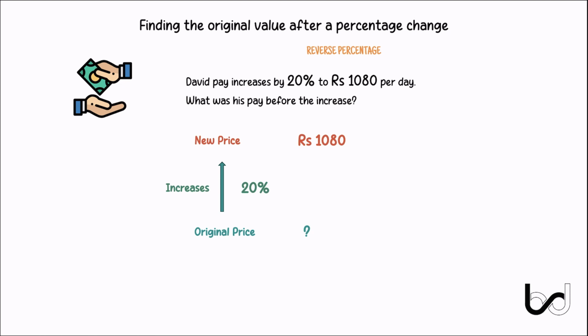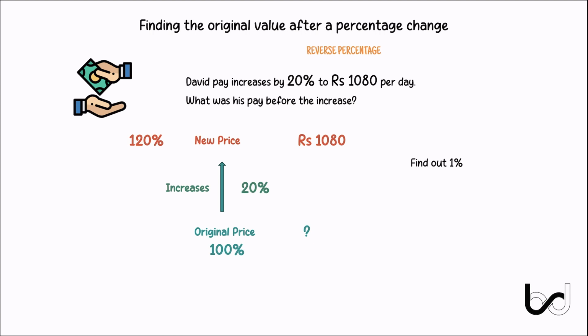Now there is an increase by 20%, so generally what we do is we consider the original price equivalent to 100%. If there is an increase by 20%, the new price would be 100 plus 20, which is 120%. Now what you know is that 120% equals 1080. We need to find out what is 1%.